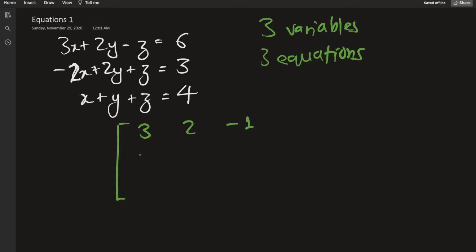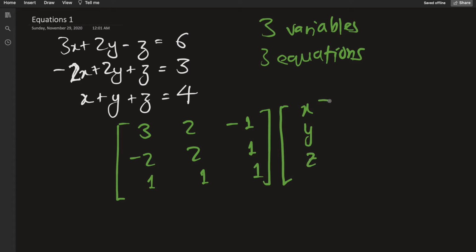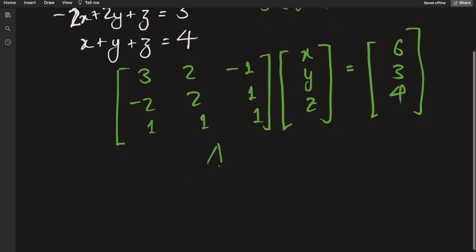That's the first equation. Negative 2, 2, 1, 1, 1, 1. Multiplied with this xyz variable vector and equals this 6, 3, 4 column vector. In general we can write this system as Ax equals b, where b is this column vector, A is this matrix, and x is this column vector.